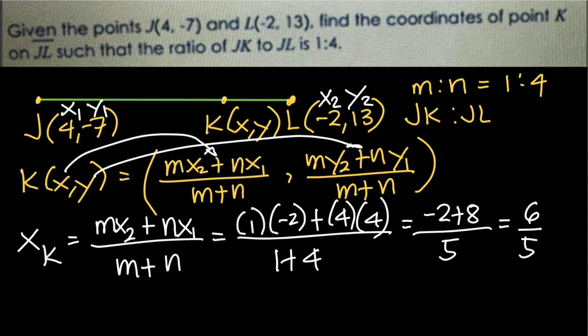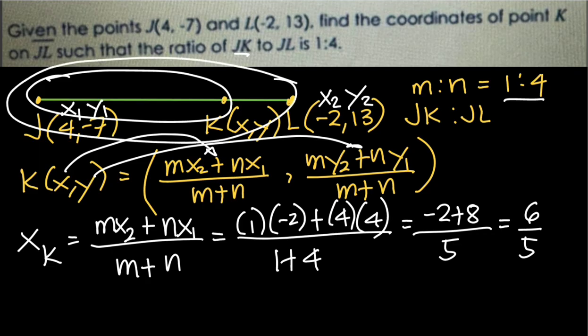Alright, take note here. This problem is similar to the previous two problems, except that I forgot to note that this ratio 1:4 is from JK, from here, to JL, the whole segment.